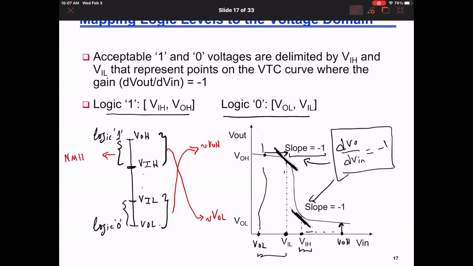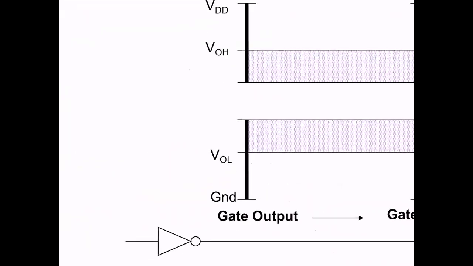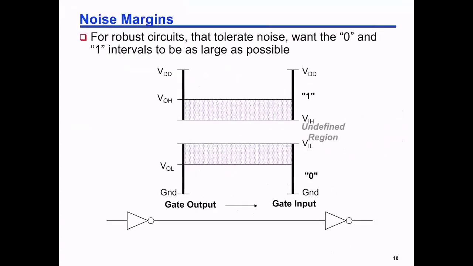So my noise margin high is equal to VOH minus VIH, and my noise margin low is equal to VIL minus VOL. Okay, so these are my noise margins. So for robust circuits, to tolerate the noise, we want the logic 0 and the logic 1 intervals to be as large as possible.